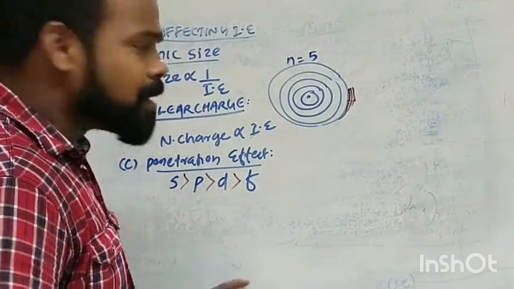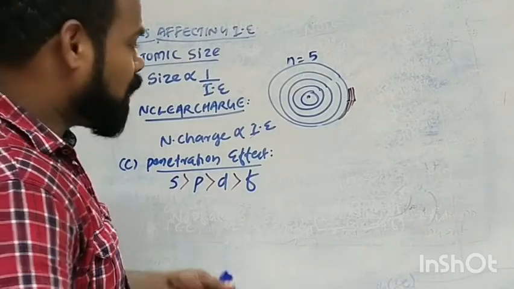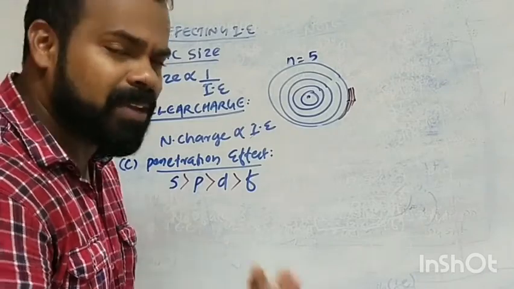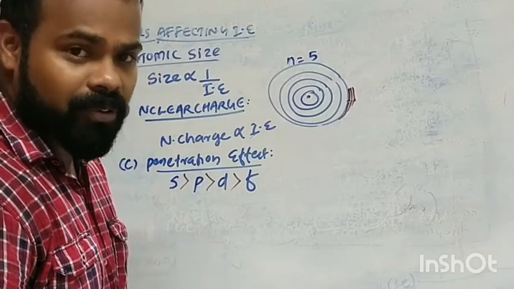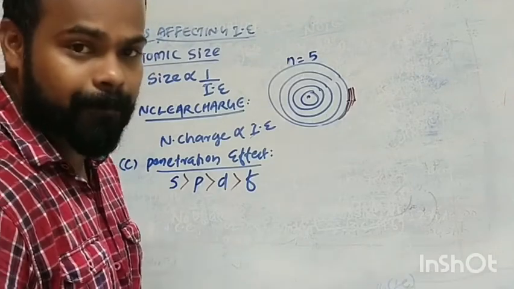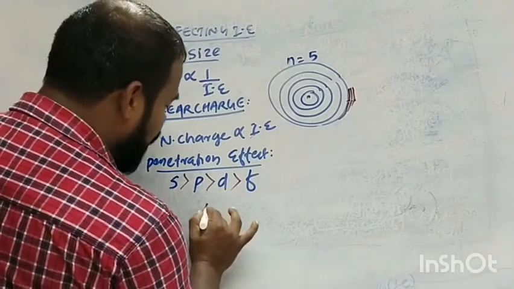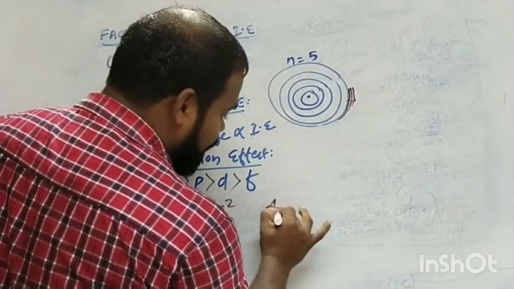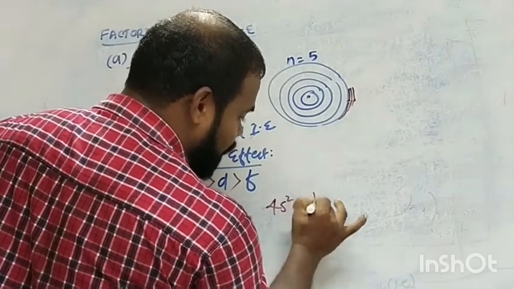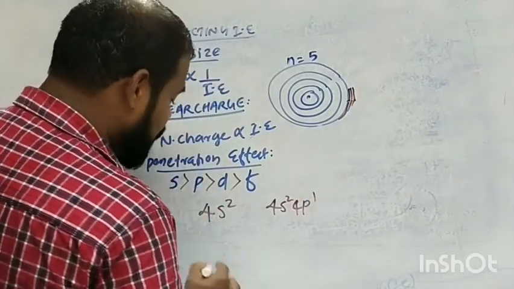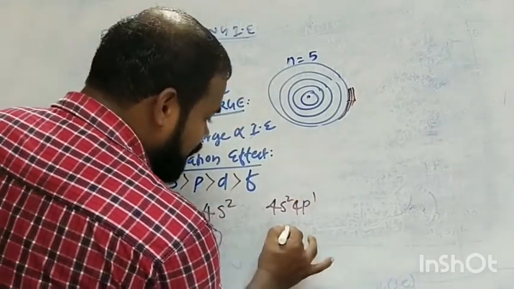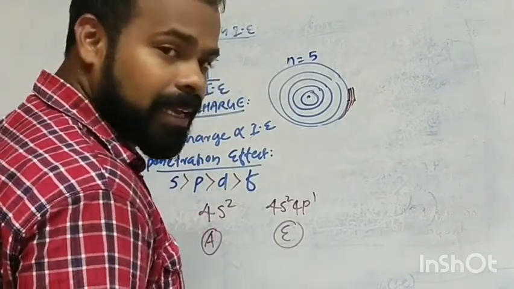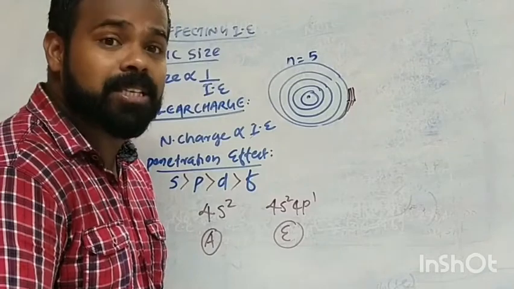Okay, clear? Maybe I have a number of electrons. That electron may be in 5s, otherwise may be in 4s. Electron may be in 4s, in another case may be in 4p. Therefore, the first case may be 4s2, and the second case may be 4s2, 4p1. Two atoms. This atom we call A, this atom we call B. Just assume that. Here, which one has the highest ionization enthalpy?